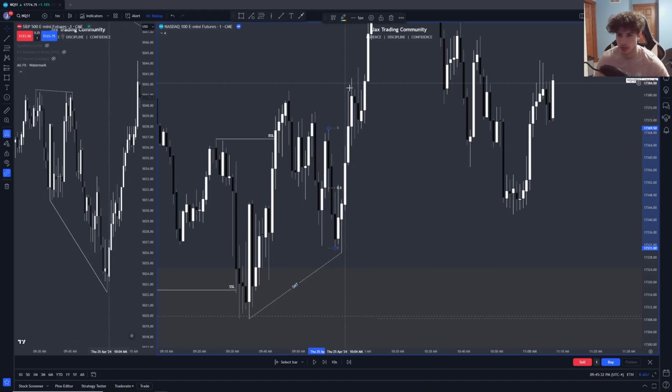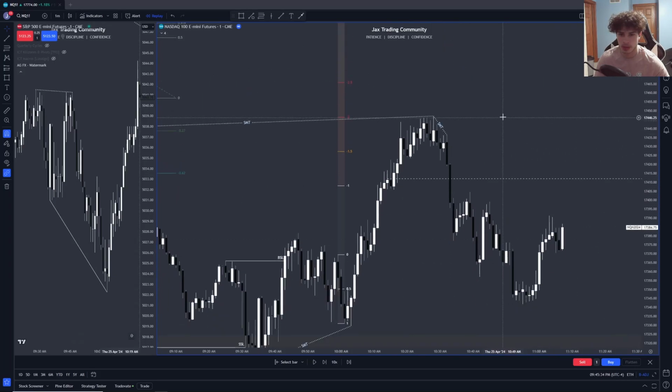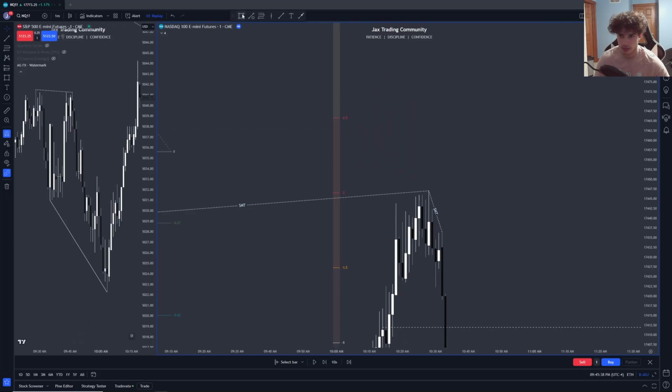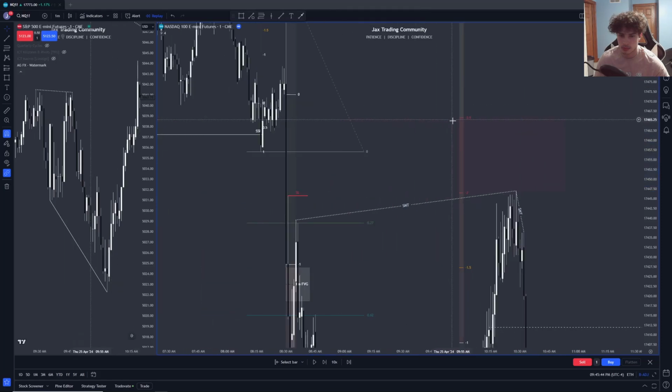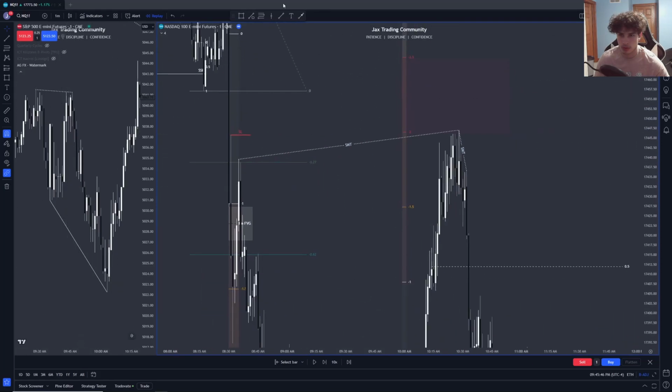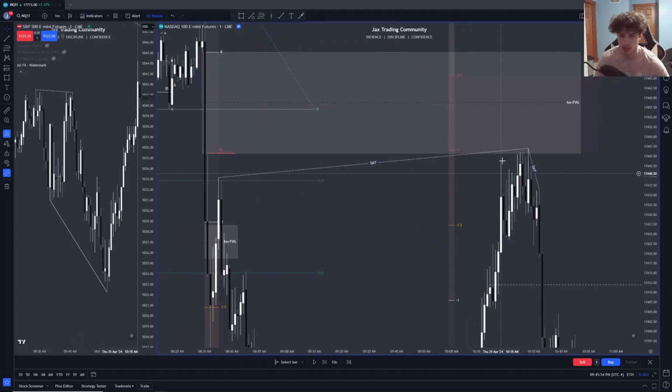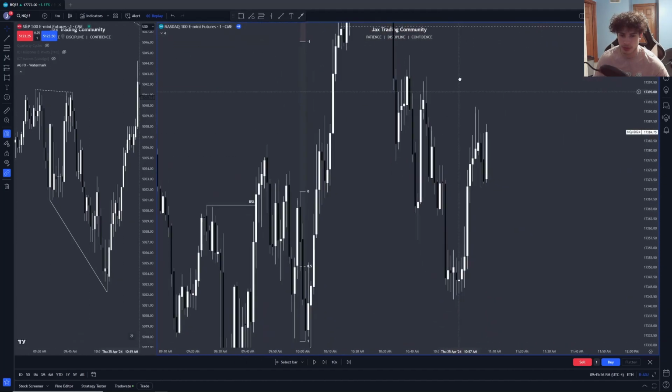So we can put standard deviation here. And you can see that we actually beautifully tapped this level of standard deviation. We also tapped into this 1 minute fair value gap. And with this SMT plus this, we sold off, right?